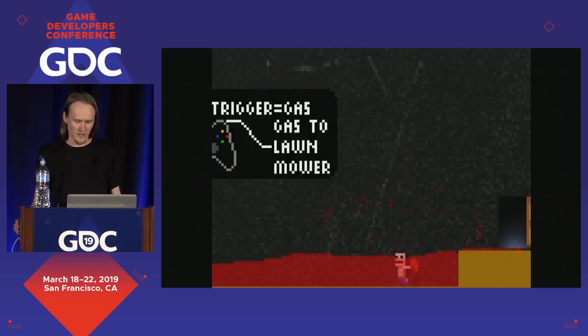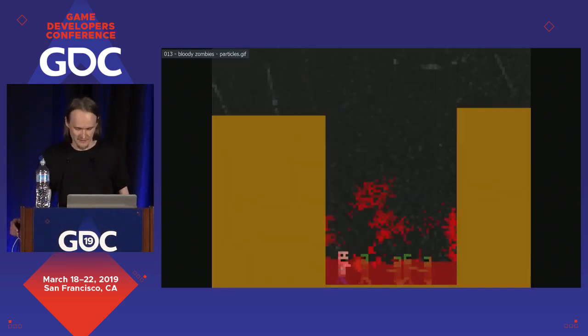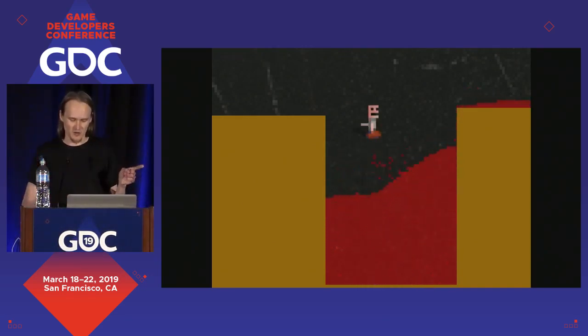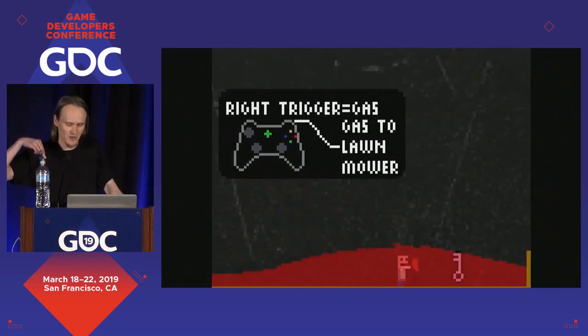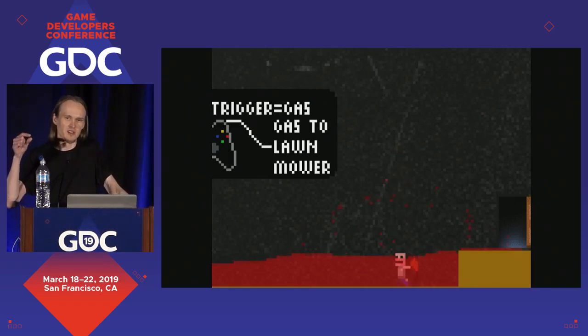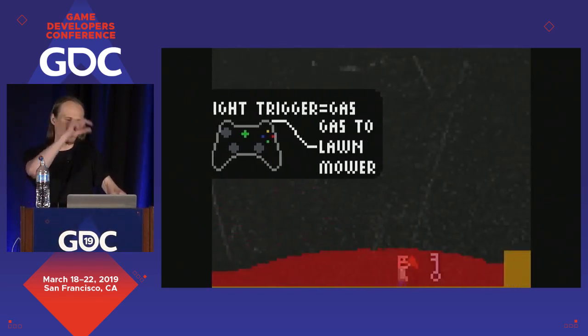But what I discovered is you can also make it a bit more liquid-like. I'll show you more GIFs. You can make it more liquid-like by adding another simulation, which is a particle simulation. When the player jumps into the blood and it splatters all around, what's happening is it's taking one of those pixels out of the falling sand simulation, and it's putting it into a separate particle simulation, and it's tracking its velocity and gravity in there.